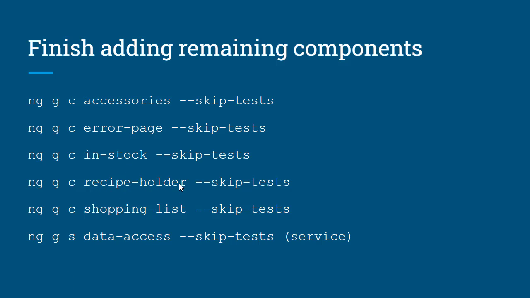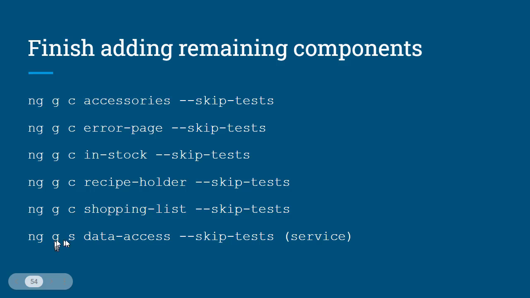Recipe holder will display a given recipe, the ingredients and the instructions. The shopping list itself will allow me to create a shopping list using drag and drop, and also if I decide to pick, say, I want to shop for a menu item, a recipe, it can help me with cross-checking that with the inventory.